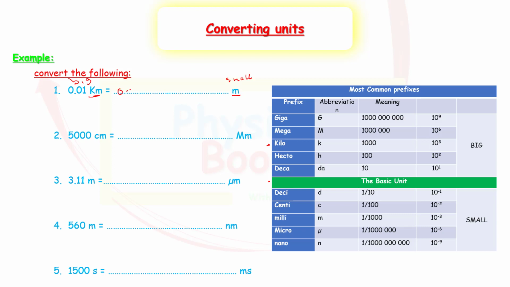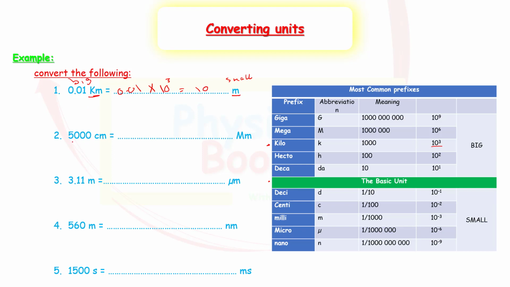It's 0.01. Since I'm transforming from big to small, I will multiply just as we agreed. Now, I'm going to see what am I going to multiply with. It's 10 to the power 3. Is there a negative sign? No, so there's nothing to change here. So it's multiplied by 10 to the power 3, which is equal to 10 meters. Okay, so big to small, we multiply.